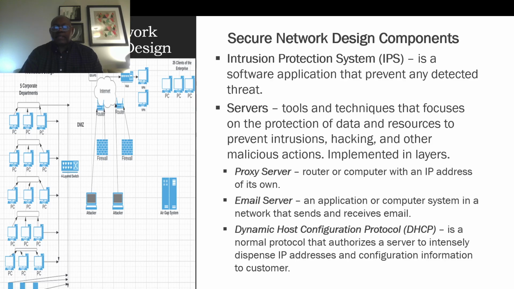They are implemented in layers. These proxy servers are nothing more than a router or a computer with an IP address of its own. The email server is an application or computer system in a network that sends and receives email. The Dynamic Host Configuration Protocol, DHCP, is a network protocol that authorizes a server to dynamically dispense IP addresses and configuration information to clients.